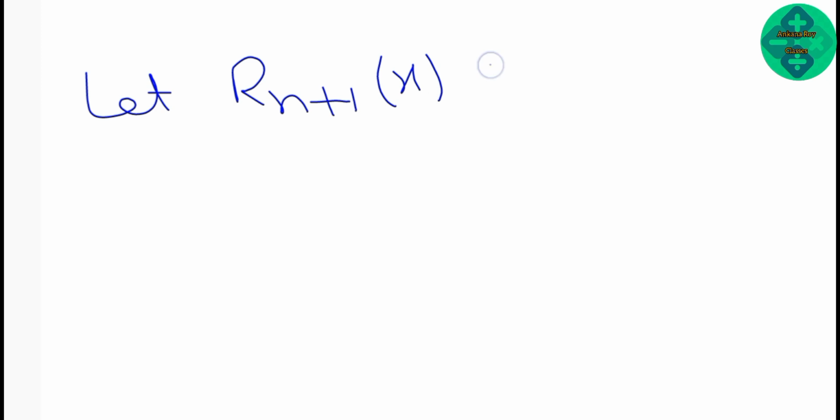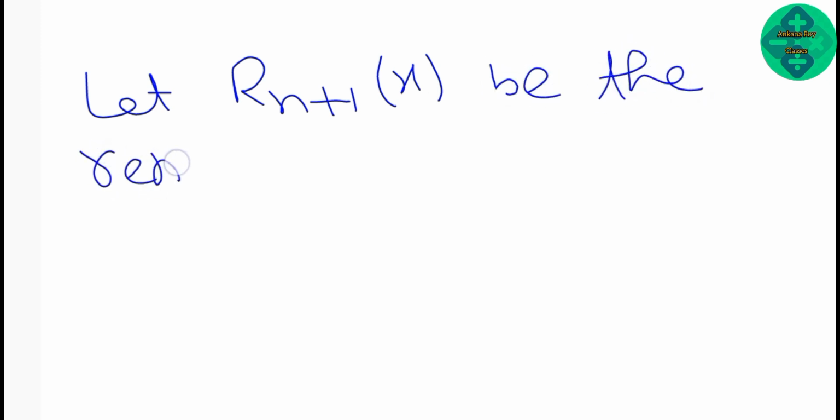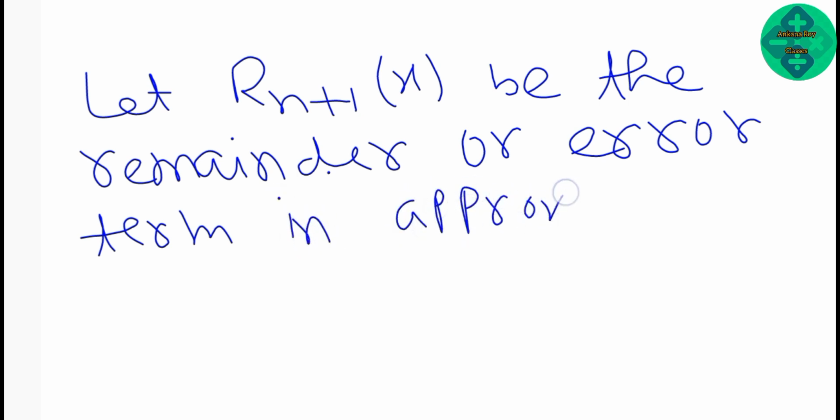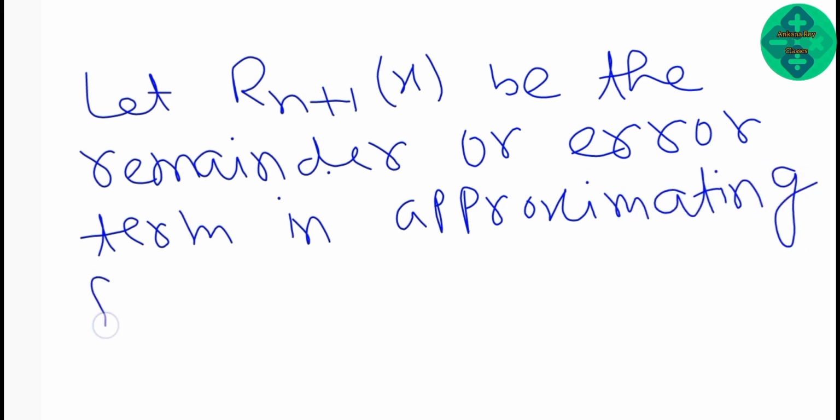Now, let R n plus 1 x be the remainder or error term in approximating f(x) by phi x.